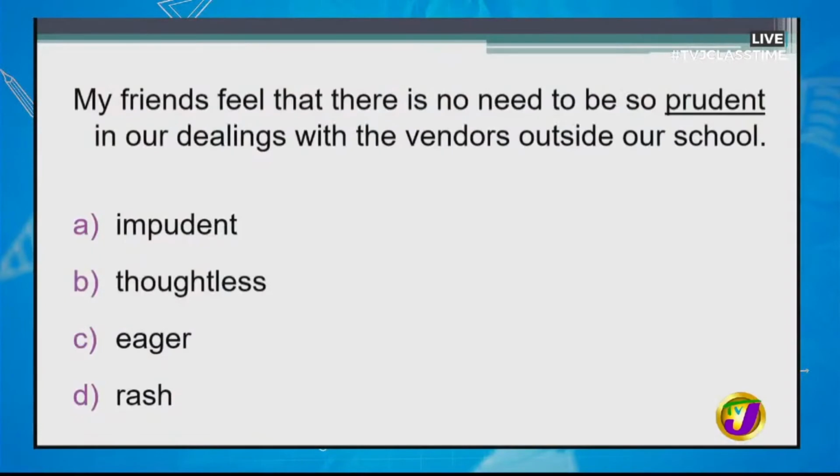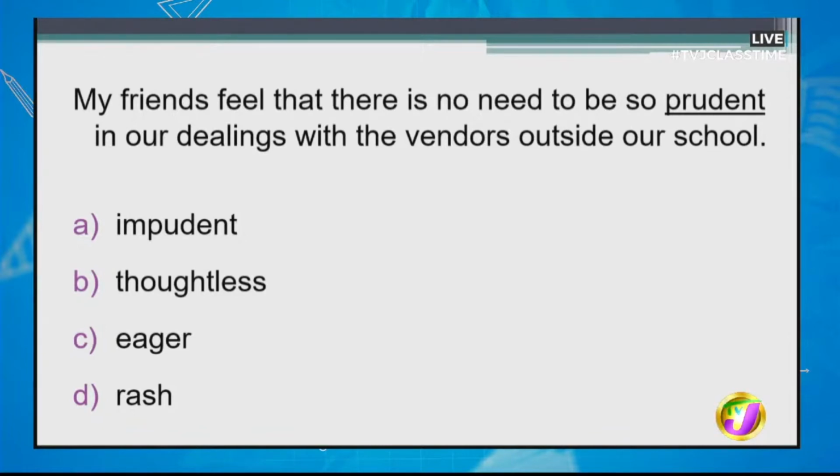Now, is our opposite to prudent impudent? Is it thoughtless? Is it eager? Is it rash? When you're described as being prudent, and those young ladies whose names are Prudence should know the meaning of the word prudent. And if you have a friend named Prudence, by now you should have asked her what her name means, or you should have looked it up.